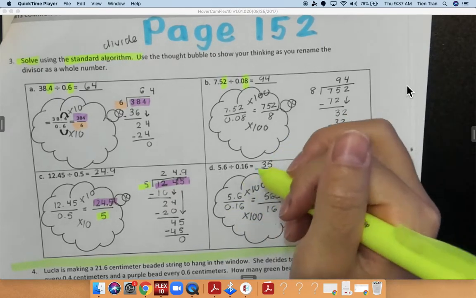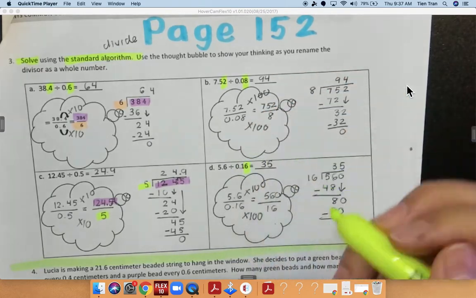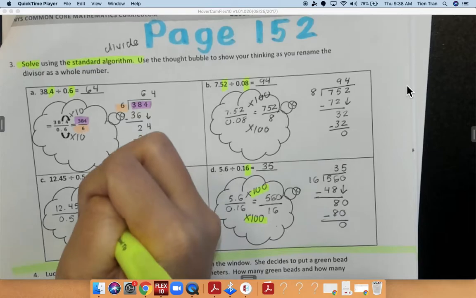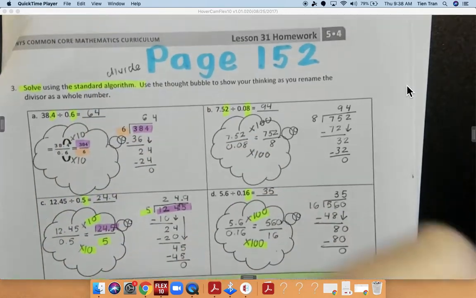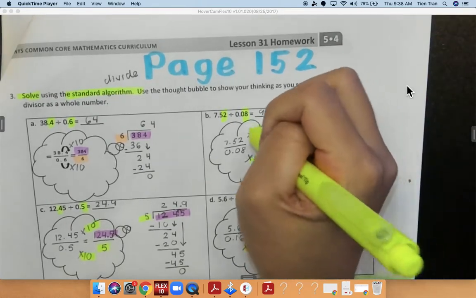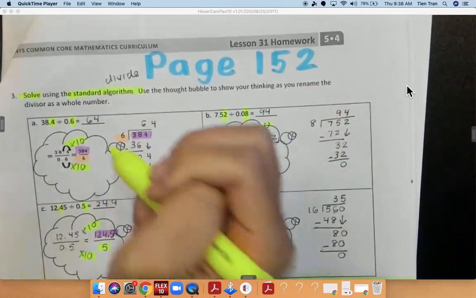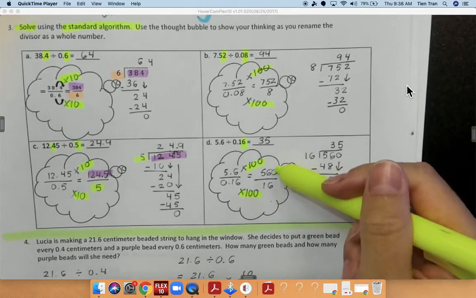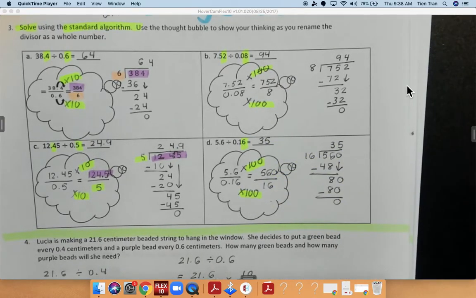And 0.16, let me show you. I'm going to highlight the 6 because that's what we decided to do. We multiplied in the hundredths place. Let me just highlight that so you guys can see it better. There you go. Okay. So we have 560 divided by 16.